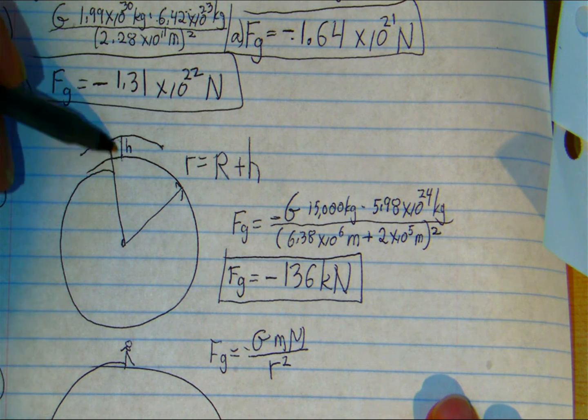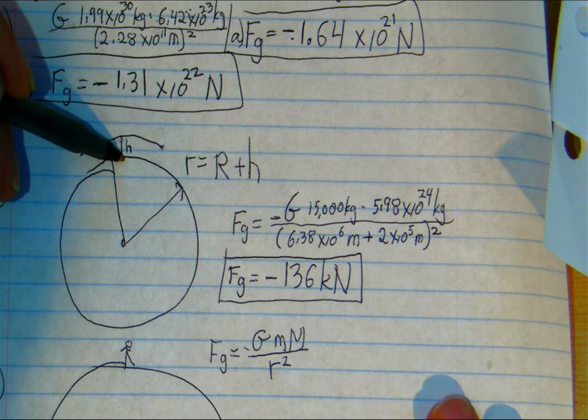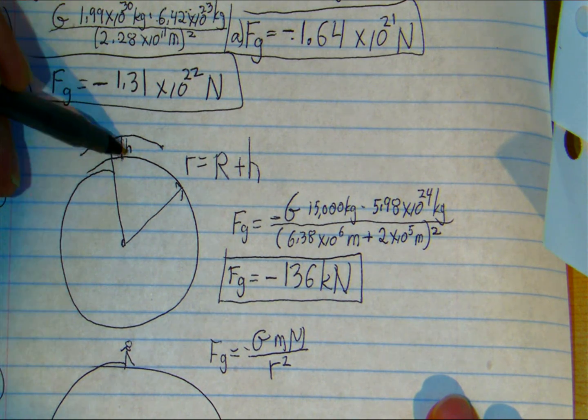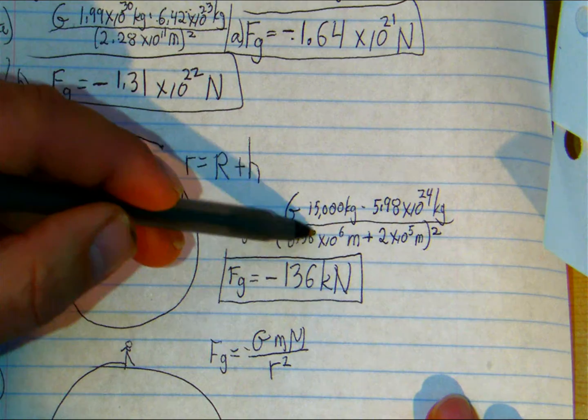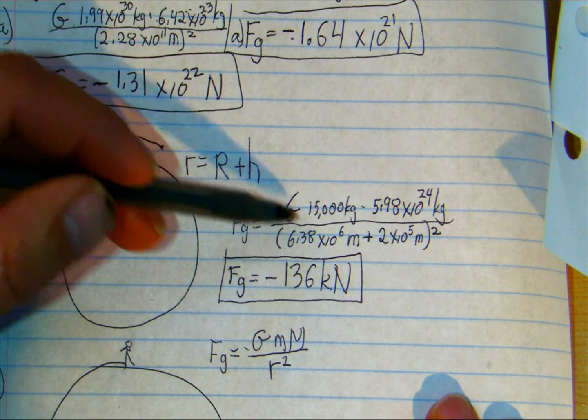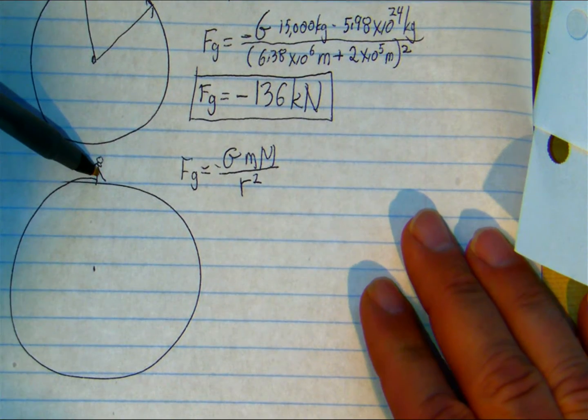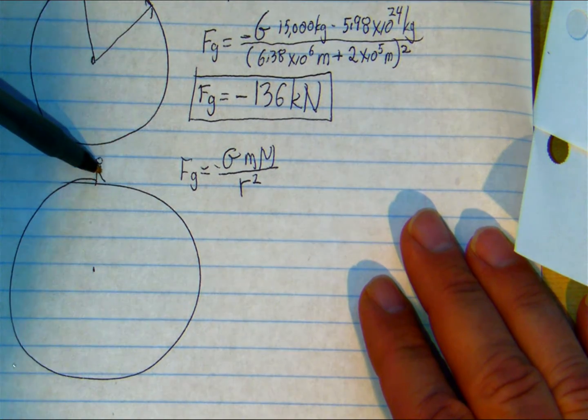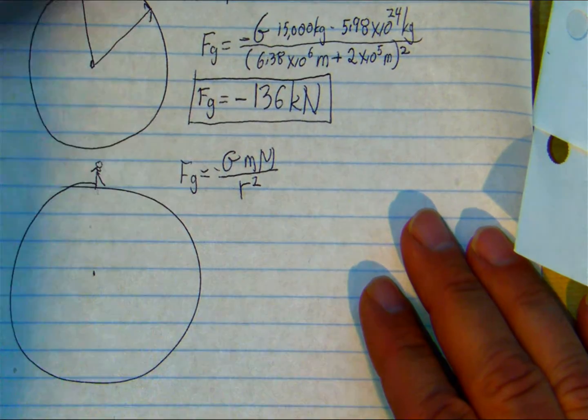Now, the space shuttle was 200,000 meters above the surface of the Earth. That made it barely significant, right? 6.58 instead of 6.38. You are 2 meters above the surface of the Earth, and really 1 meter to your center of mass at best.